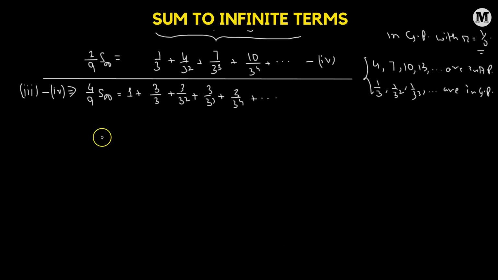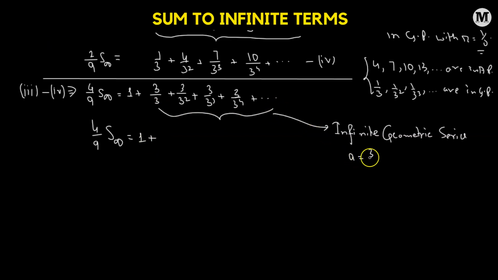Now we have 4 over 9 times the sum of the infinite terms equals 1 added to an infinite geometric series. The first term a is 3 over 3, which is simply 1, and the common ratio r is 1 over 3. We know the sum to infinity of an infinite geometric series is given by a over 1 minus r, which means we have 1 over 1 minus 1 third.